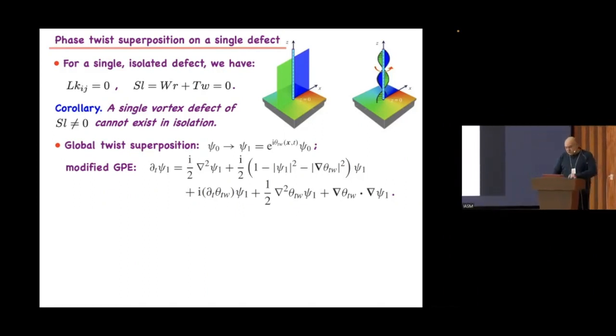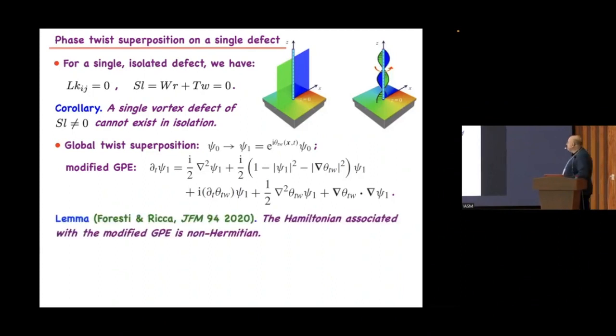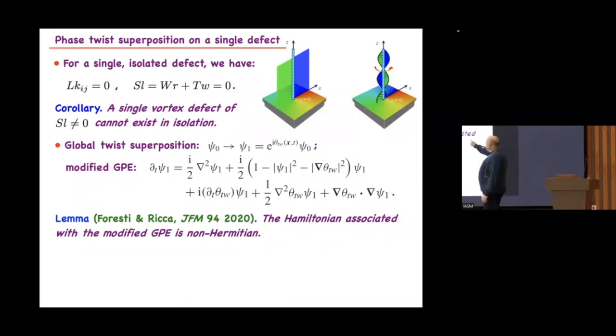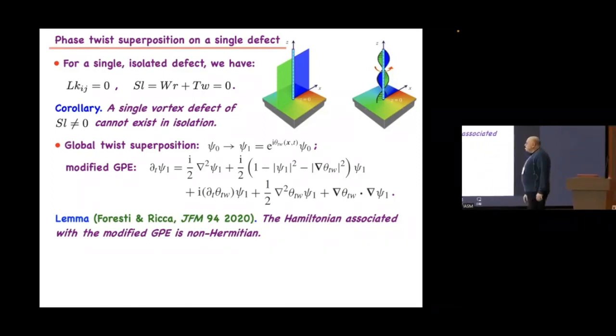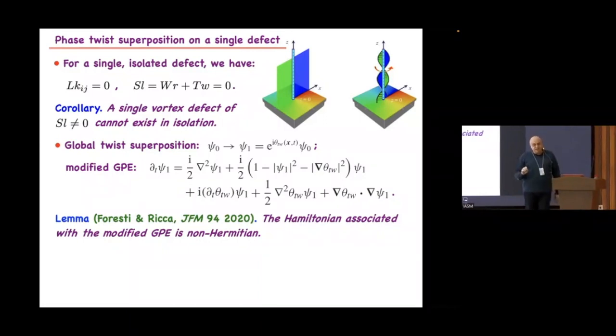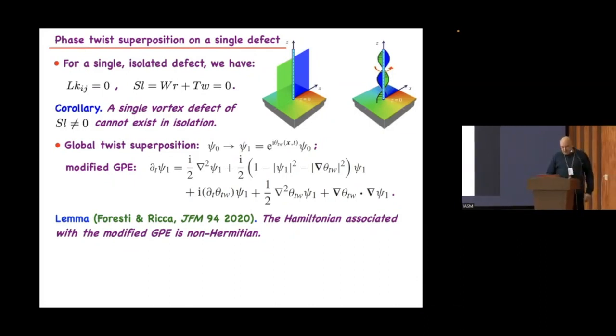But with that equation, you can derive a number of facts, and this is a remarkable one. The Hamiltonian associated with this modified GP is non-Hermitian. And if you check on non-Hermiticity in science, you see that now people have plenty of interest in that respect, because despite the fact that the standard GP is reversible, here you can show that under certain conditions you have a possible absorption or release of energy or other forms of energy.